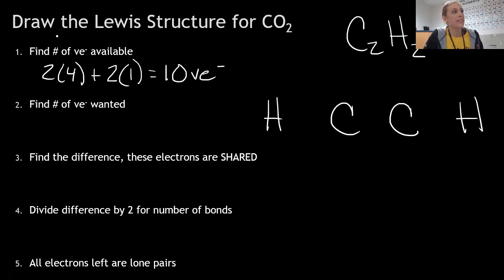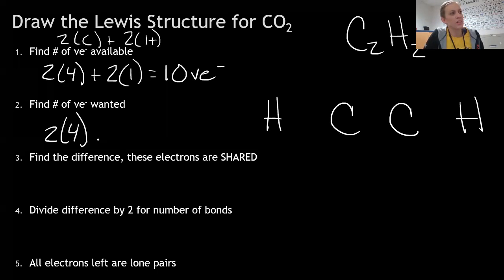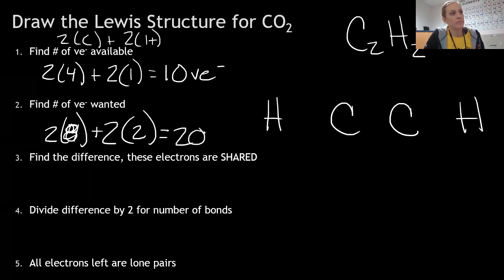But because this is 2 C's plus 2 H's, right? If we were to do our formula, 2 times the 8 that carbon wants, plus 2 times the 2 that hydrogen wants, because it's the 1s shell, that means that in a perfect world, we would need 20 valence electrons, right?